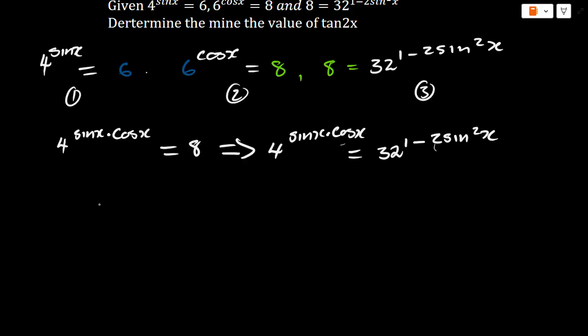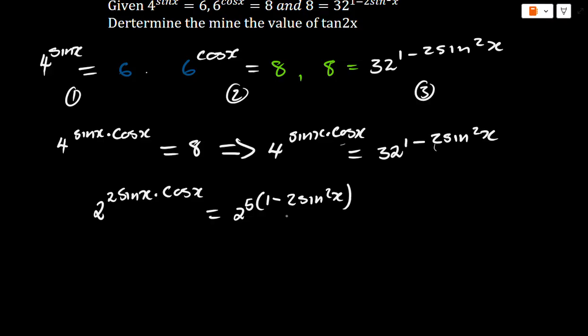Let's turn 4 into 2 to the power 2, so we have 2 to the power 2 sine x times cos x. What is that equal to? That's equal to 32 in terms of 2, which is 2 to the power 5 times 1 minus 2 sine squared x. All right.